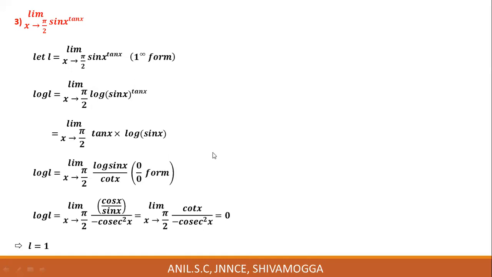One power infinity form. This is sin x to the power tan x. As x tends to pi by 2, this will be sin pi by 2 whole power tan pi by 2.